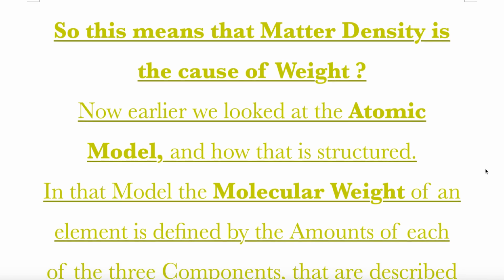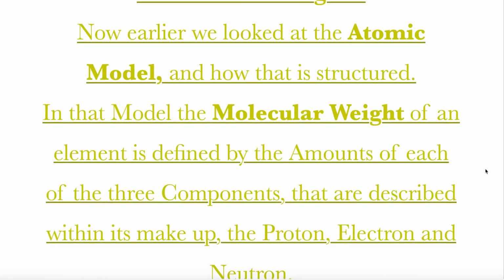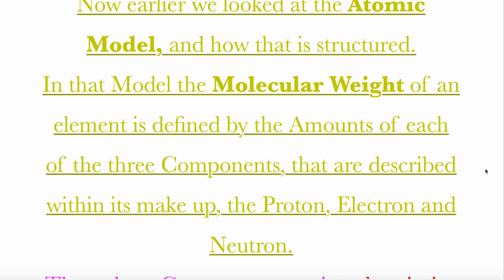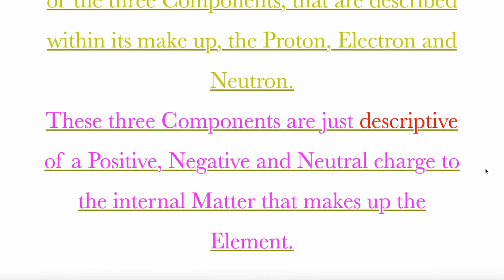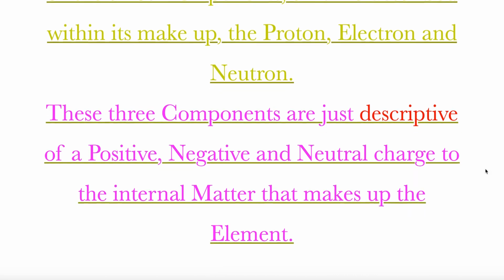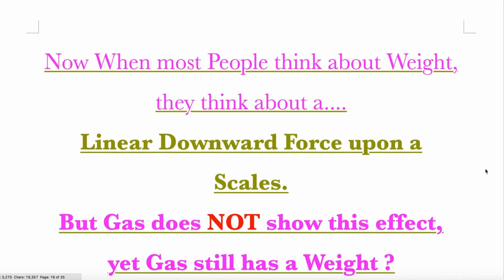In that model, the molecular weight of an element is defined by the amounts of each of the three components that are described within its makeup: the proton, electron, and neutron. These three components are just descriptive of a positive, negative, and neutral charge to the internal matter that makes up the element. Now, when most people think about weight, they think about a linear downward force upon a scales.